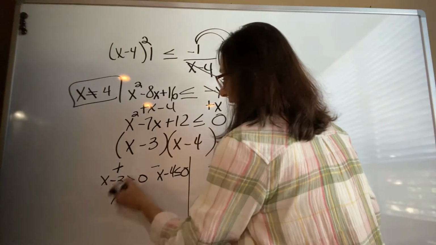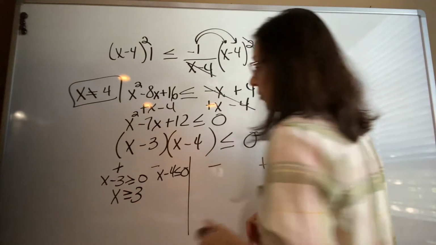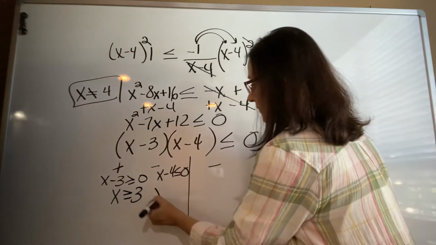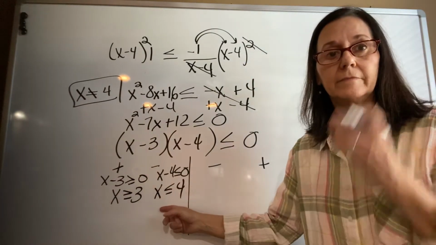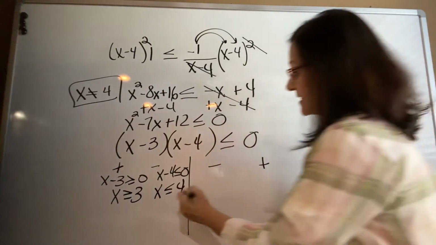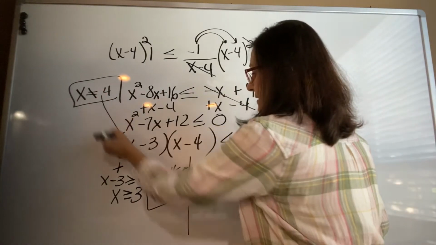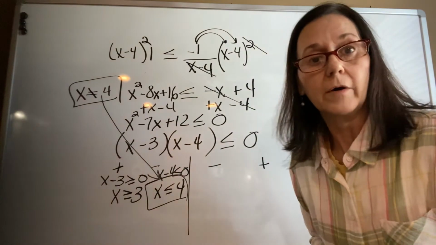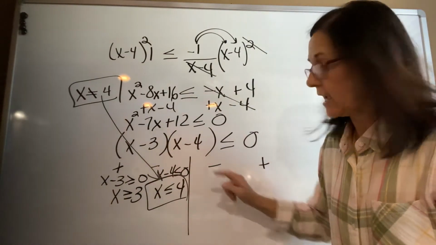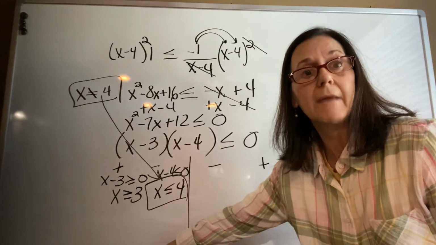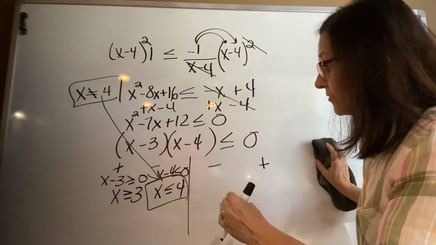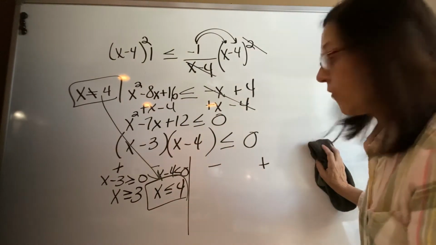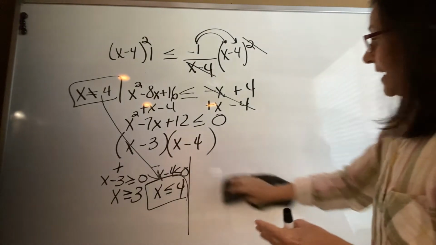So when I add 3, can x be greater than or equal to 3, but less than or equal to 4? And it can. Except, remember, x cannot equal 4. So we don't even have to work this side because this side works and makes sense, right? The values that are above 3 are also below 4, and it is a conjunction.